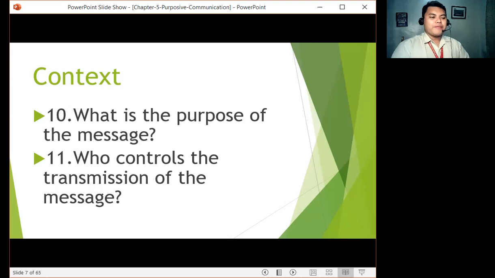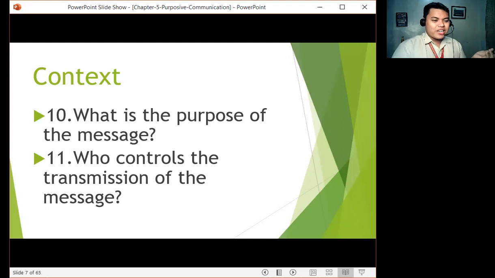So those are the things that we need to remember. We need to consider the sender. We need also to consider the message. We need also to consider the channel or the medium. And we need also to consider the receiver.